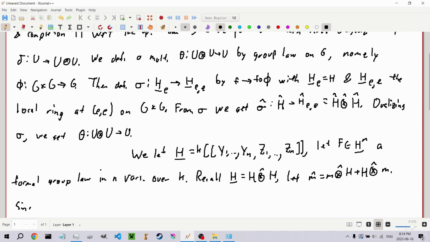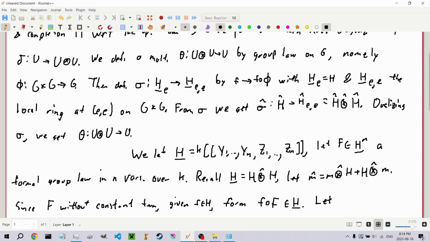Then, since F is without constant term, given an F in H, we may form the composite map of F with our group law, which is then going to be in H underline.